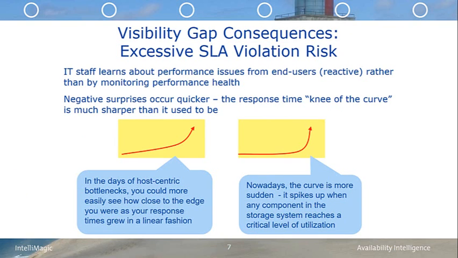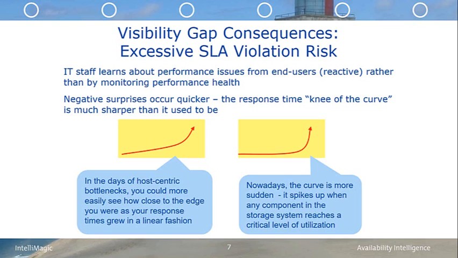One of the consequences of this visibility gap inside the storage system is a higher risk of storage service level problems because you cannot see what's going on with your hardware components that are driving the performance. So if you're like most sites, you find out about performance issues associated with storage after response times are already causing end user issues, instead of having the instrumentation to see what the hardware components involved are doing and how they're nearing critical levels of utilization where they will start to introduce delays if your workloads spike up just a small amount.